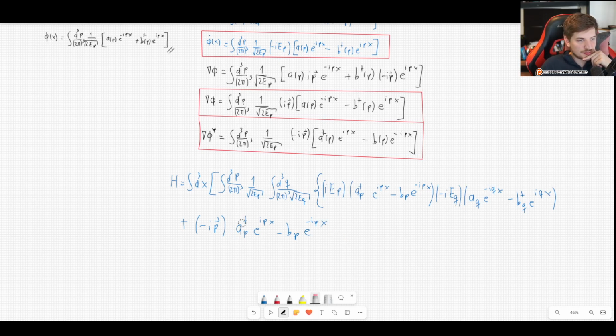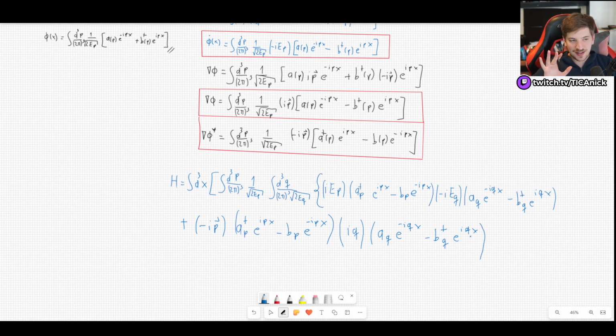I guess I should have used this kind of parentheses just to be consistent, even though it doesn't really matter. And then we multiply by the non-conjugate one. So that would be iq, not p anymore. And the minus sign is already there. And then we have a_q e^(-iqx) minus b dagger_q e^(iqx). Okay, so that's the second one.